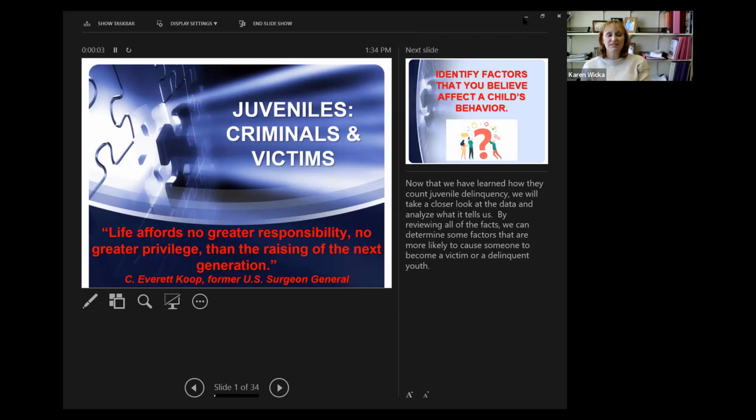So we're going to talk about the risk of victimization. What things do juveniles do that put them at risk to being a victim? And then we want to talk about the risk of becoming delinquent. What factors in a juvenile's life push them more likely to the idea that they could start committing delinquent acts? Okay, so we're going to break it down in those two categories.